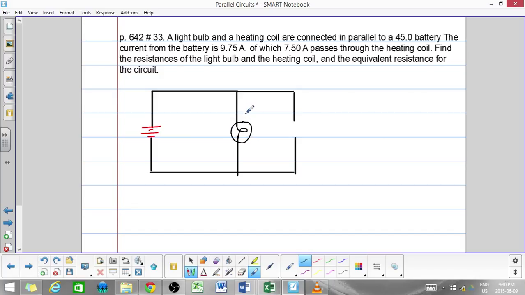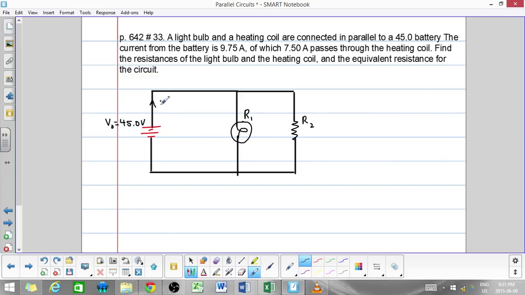We don't know the resistance. We'll come back to that. A heating coil just basically is a resistor that gives off a lot of energy as heat. So we'll let the light bulb be R1, the heating coil be R2, your source 45 volts. All right, so the current from the battery is 9.75 amps.